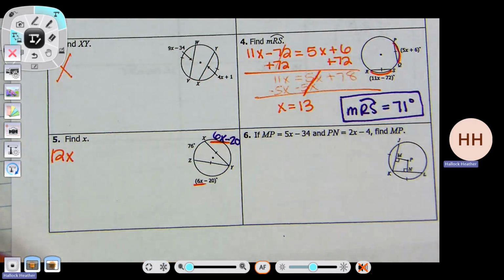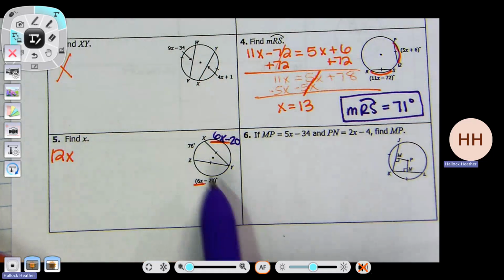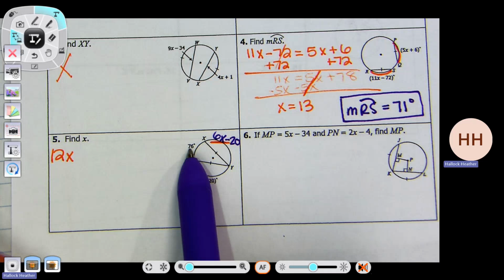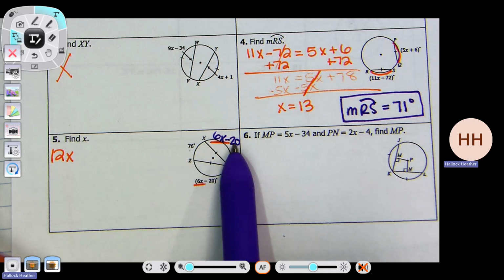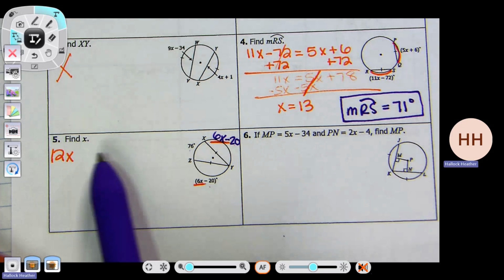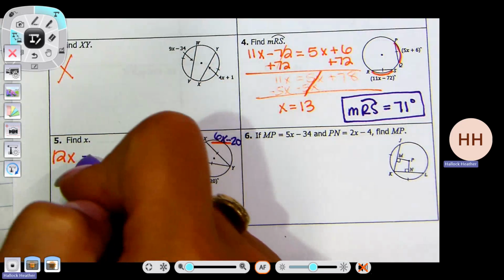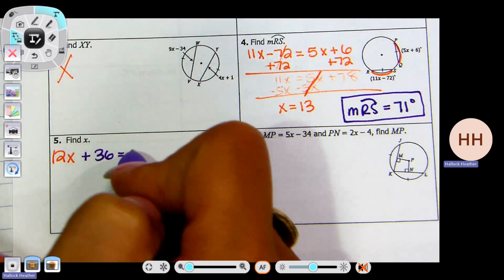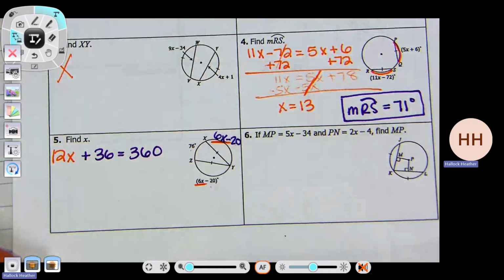And then I'm adding all my numbers. I have 76 to start. I'm minusing 20. I'm minusing 20. How much do I have? 36. And then I'm equaling it to a full circle, 360.